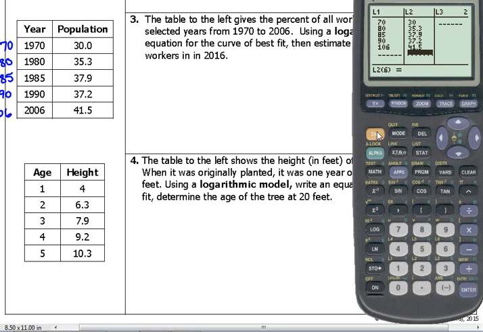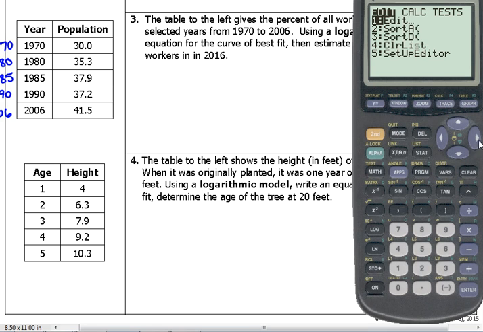Okay. It asks for a logarithmic model. So we need to go stat calc. Let's look for a log. I don't see an LOG. Okay, it is not logistic. It's the LN. Remember I told you that there was another log? There's the LOG and there's the LN. So this is number 9, LN regression. So here's our model. Look how it's a little bit different.